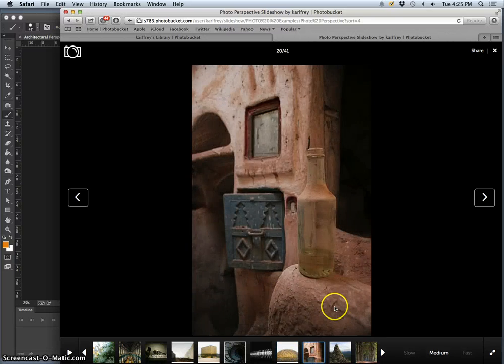Here we see just a simple still life, but it's using stacked perspective to really activate the space, showing us that this is in front of this and that this is in front of this. So though all the lines, even though they're man-made, are very soft-edged and not lining up, even though we're seeing this in two-point perspective, it's the stacked perspective, the relation of this to this, that really gives us the depth.